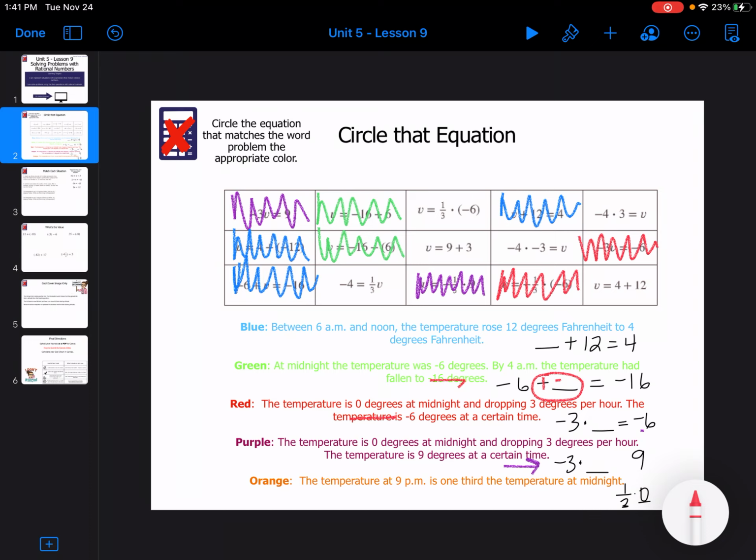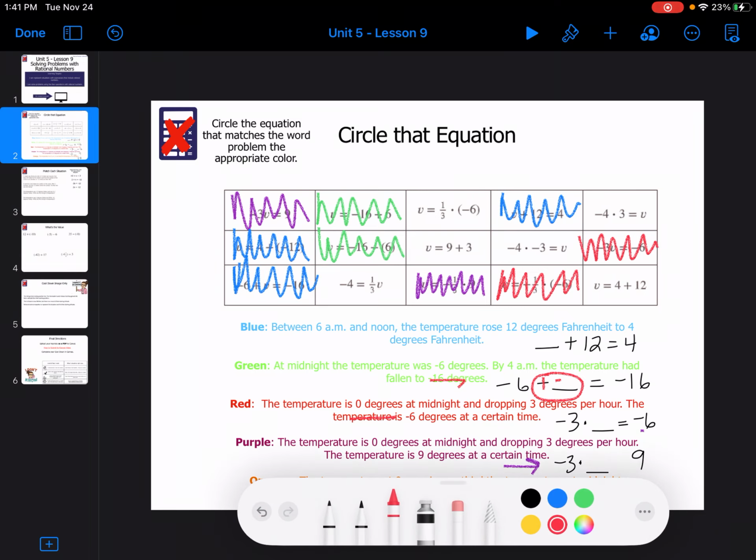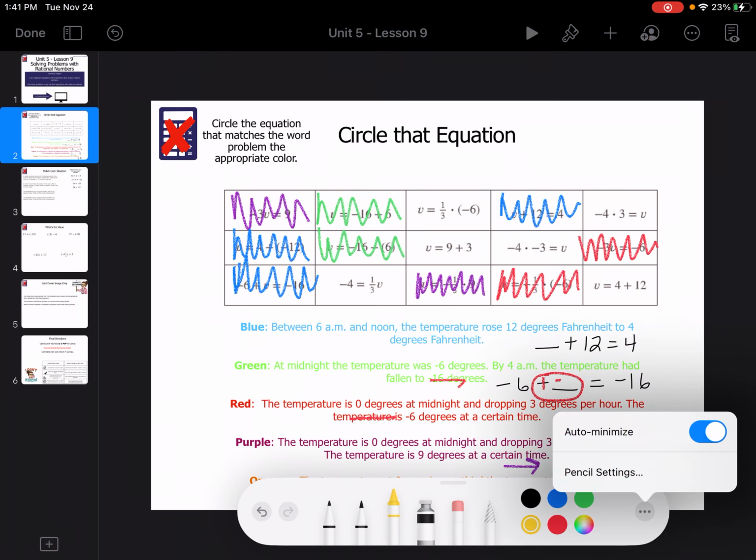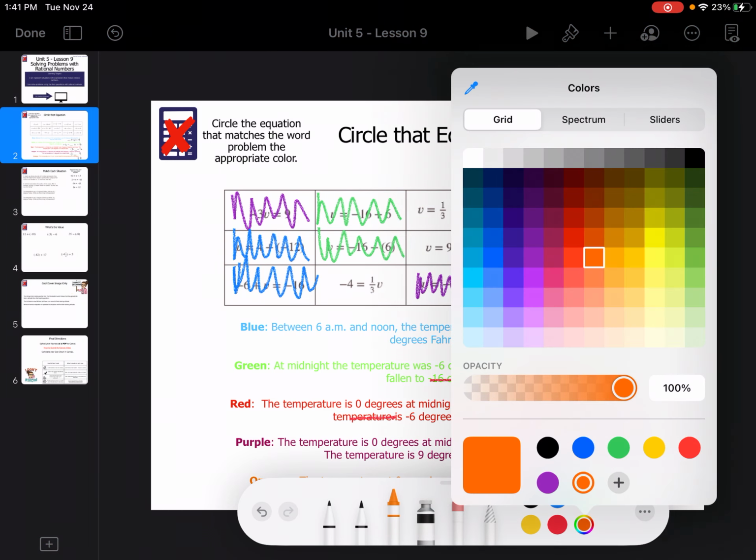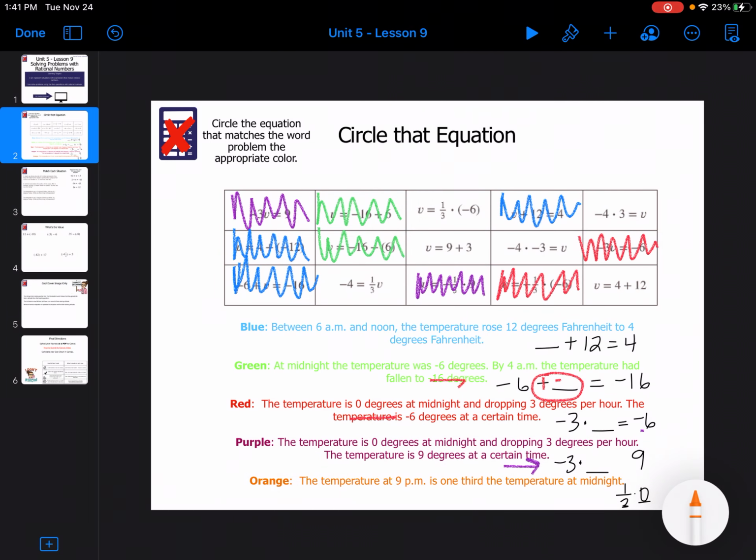Okay, the temperature at 9 is 1/3 the temperature at midnight. So we're dividing 1/3 by, or 1/3 times something is going to give us an answer. So I'm going with the orange has to be 1/3 times something is going to give us that. So that would mean the same as this one, right?